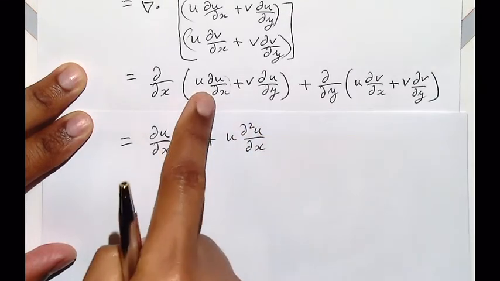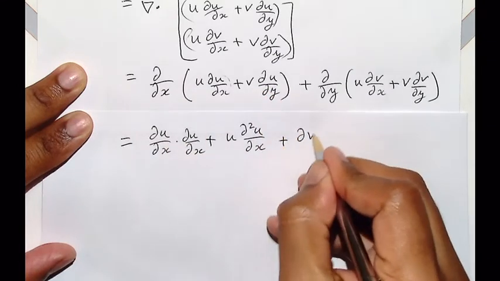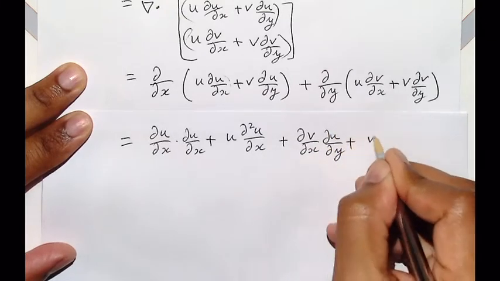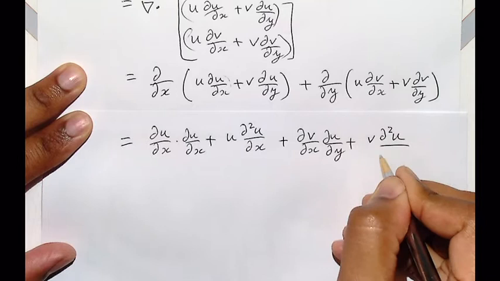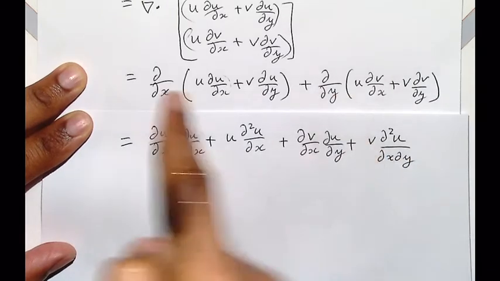That's just the first term. Second term: plus partial v partial x times partial u partial y plus partial squared u over partial y squared times v. Okay, so that's the first bracket.